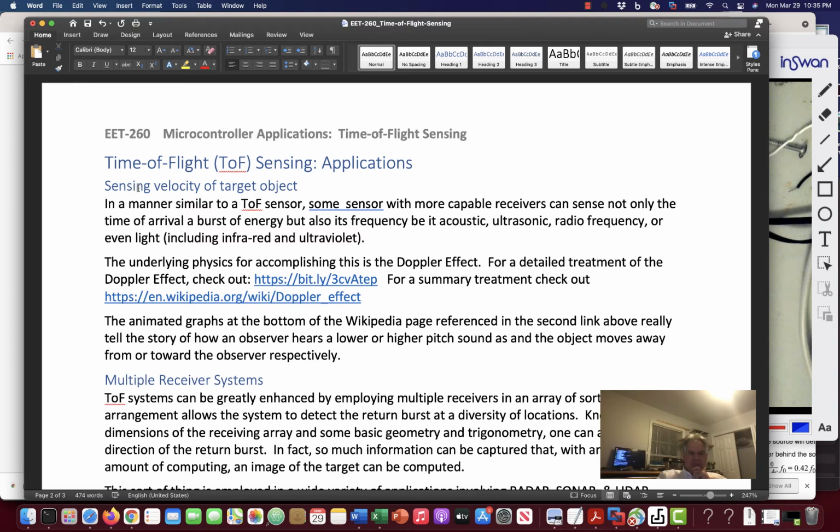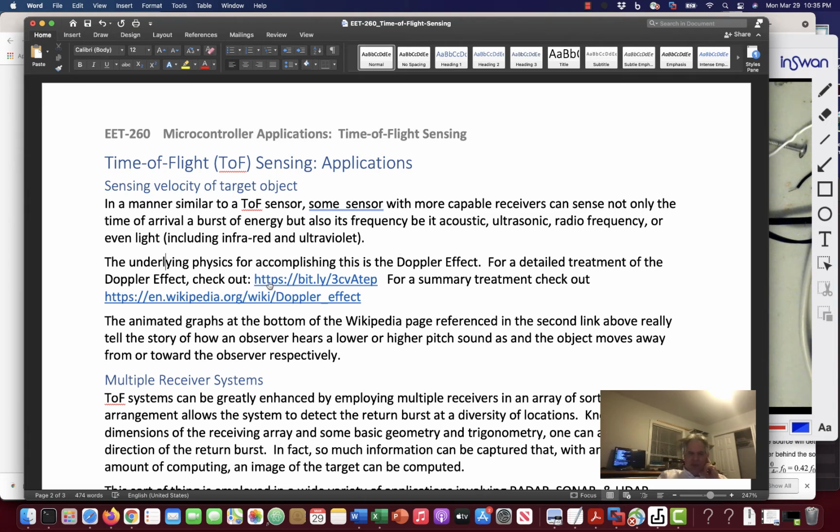So if you want to sense the velocity of a target, you get the position from that time of flight. But to get the velocity of the target, if you send out a burst of light or ultrasound or radio frequency or whatever, you will experience what's called the Doppler effect.